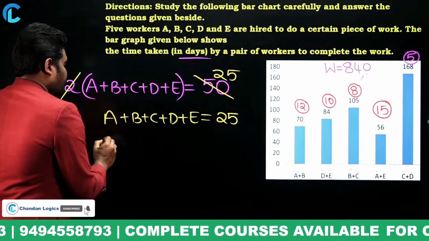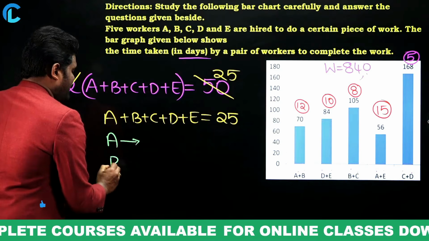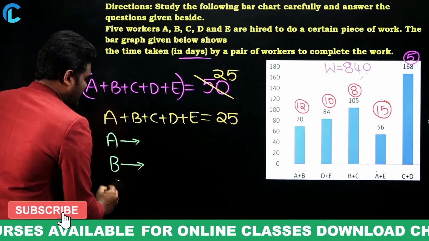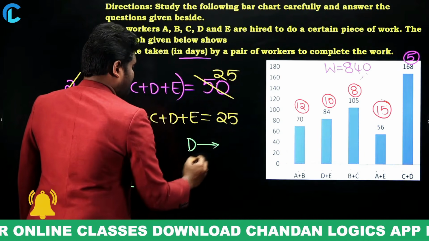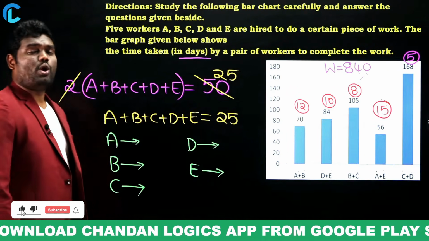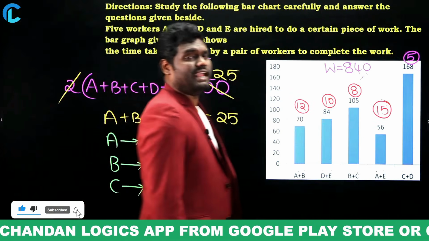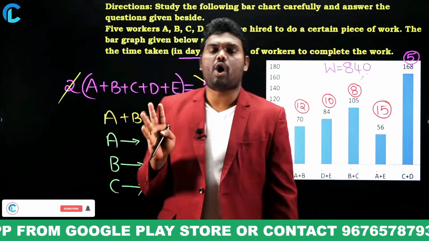Now using this I can say A will do how many units, B will do how many units, C, D and E will do how many units? Yes or no? Once I know A plus B plus C plus D plus E, then automatically I can say A alone, B alone, C alone, D alone, E alone. Now observe carefully.